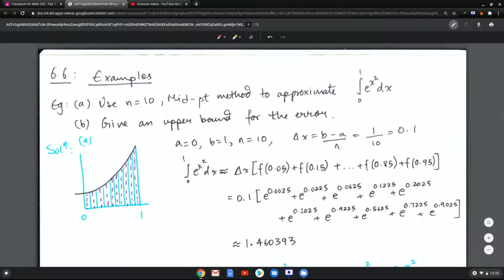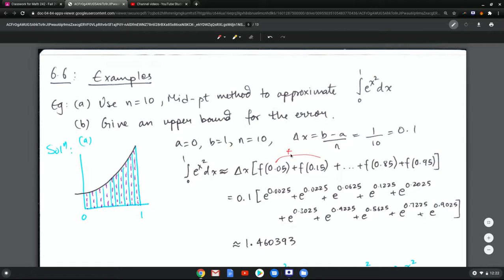Let's look at some examples. Use n equals 10, the midpoint method, to approximate the integral of e to the x squared from 0 to 1, and give an upper bound for the error. a is 0, b is 1, n is 10, delta x is 0.1. So this becomes delta x times f of 0.05, 0.15, and so on.